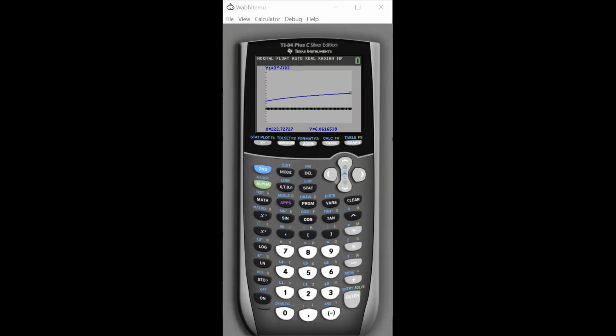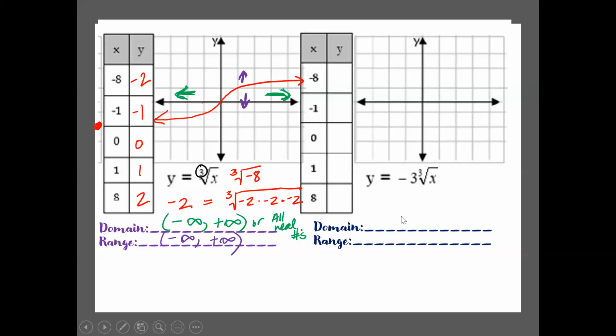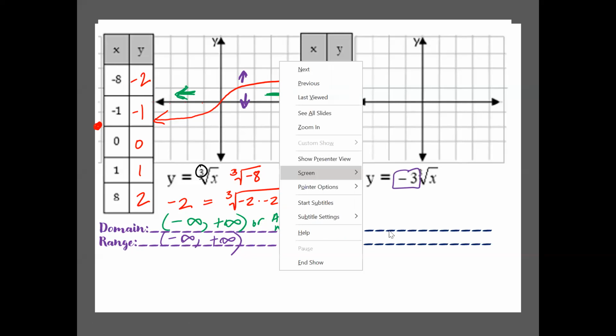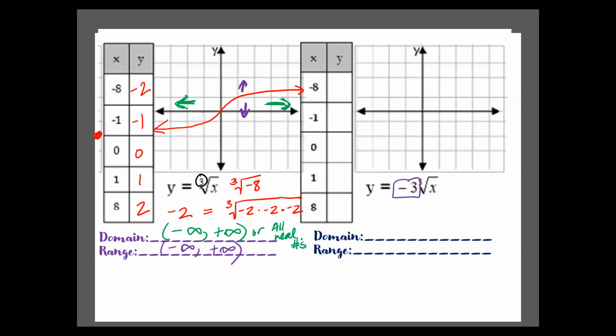Okay, let's go ahead and try the next one, number 4. For number 4, what's the difference here? It's a cube root, but now you have a -3 right there. I just want to make sure you guys see that. So rather than trying to calculate this in my head, because I don't really want to work that hard, I'm going to go ahead and just graph this.